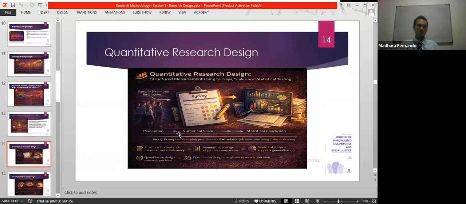You use numerical scales, Likert scale questions, to measure the perceptions, and then you draw statistical conclusions. The structured tools ensure measurement consistency and numerical objective comparison, and statistical analysis supports generalization. Quantitative design strengthens research precision.